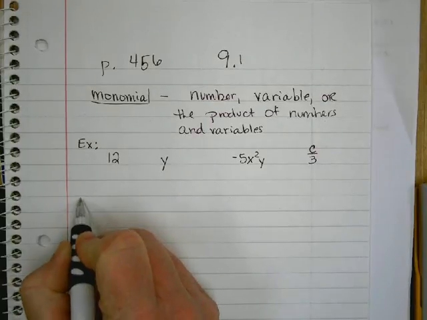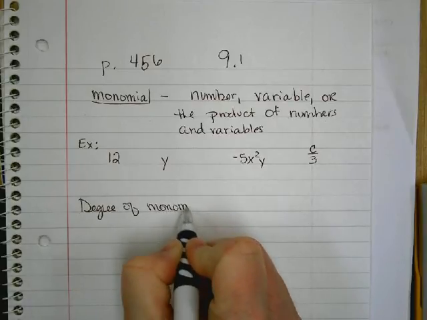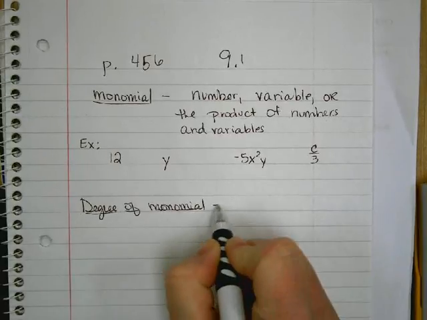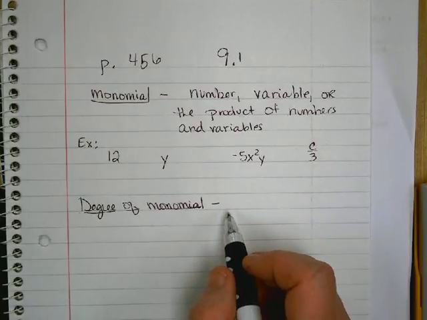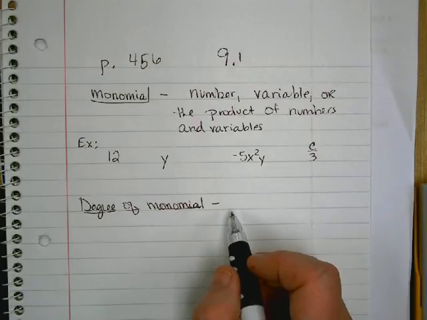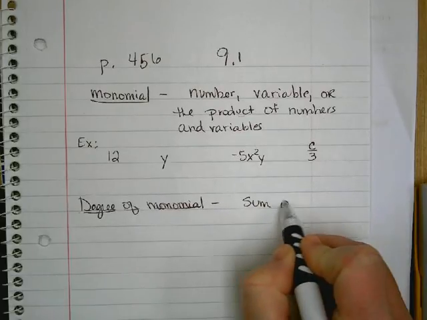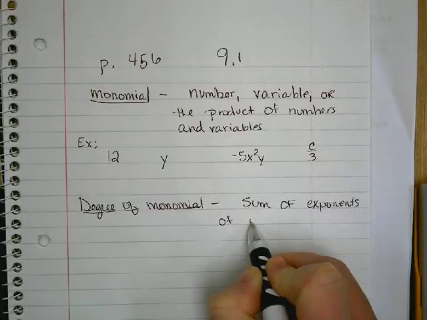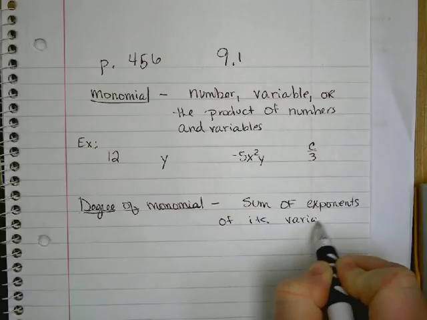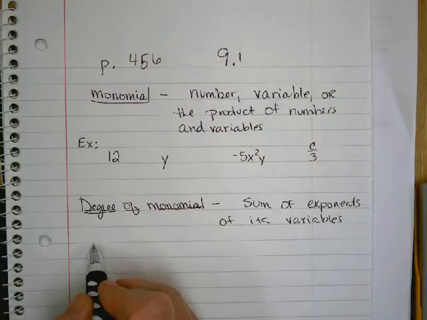Degree of a monomial. The degree of a monomial is the sum of the exponents of its variables. So, what if it doesn't have a variable?